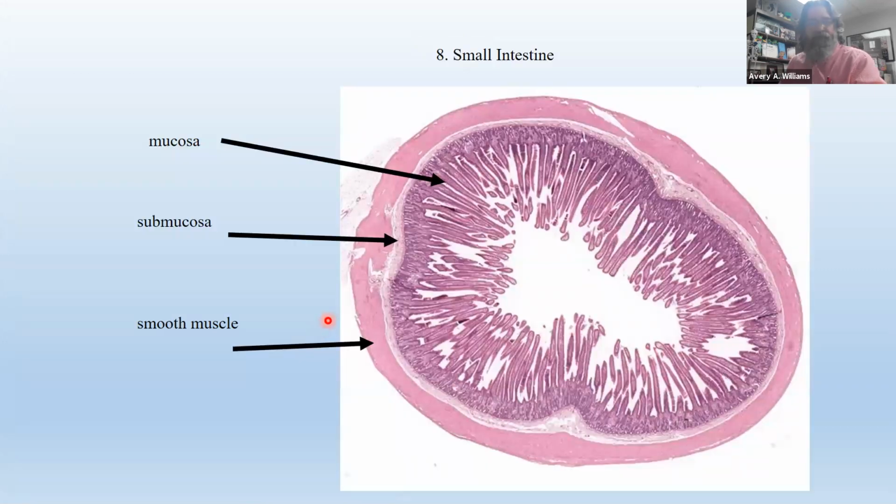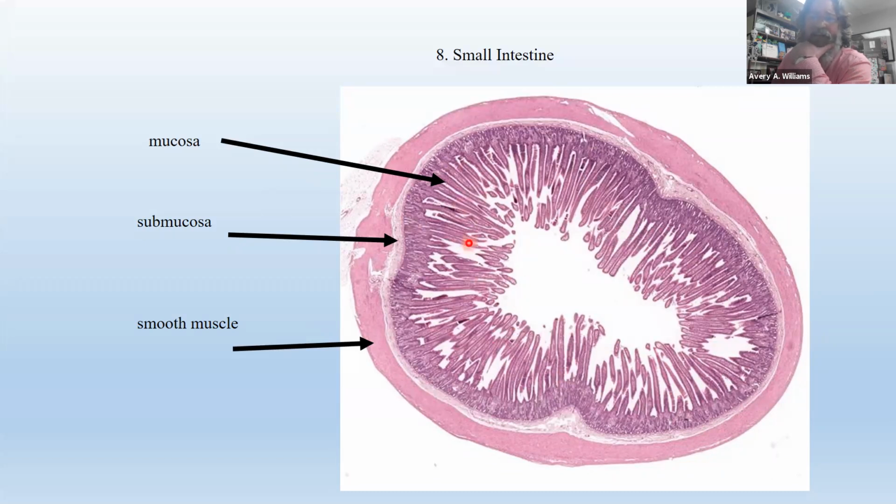Now, the small intestine. All right. Nothing looks quite like this. You know, no tracheal rings, nothing like that. But you should recognize this is the small intestine. Obviously, you see these long, finger-like projections that are sticking on the inside? Only the intestine has that, okay?